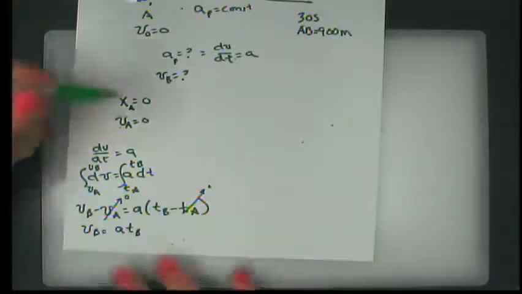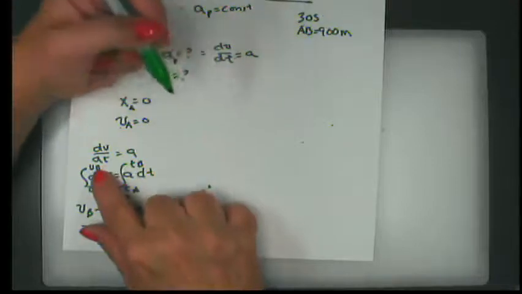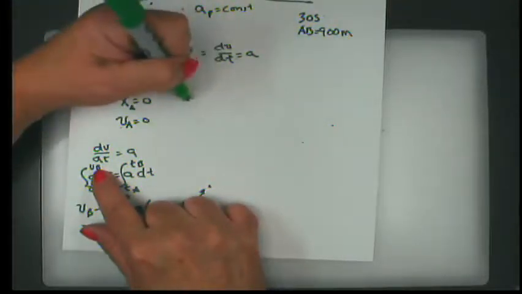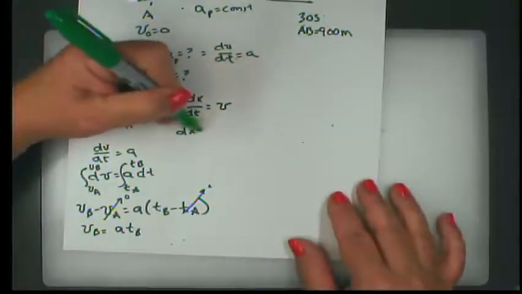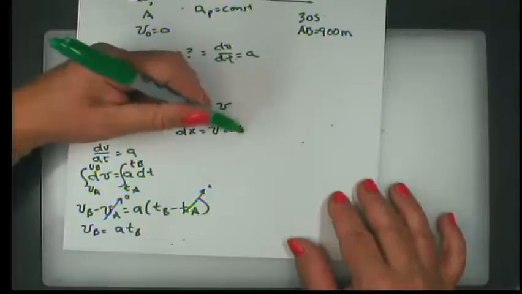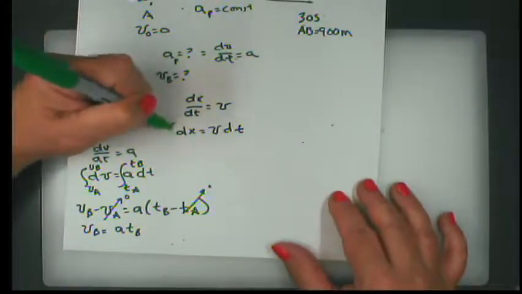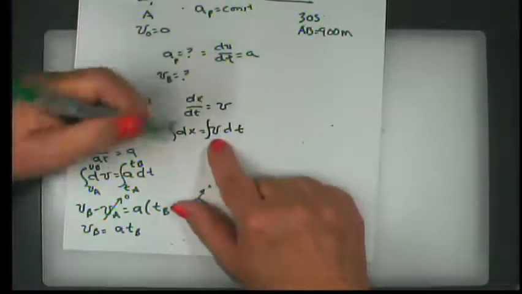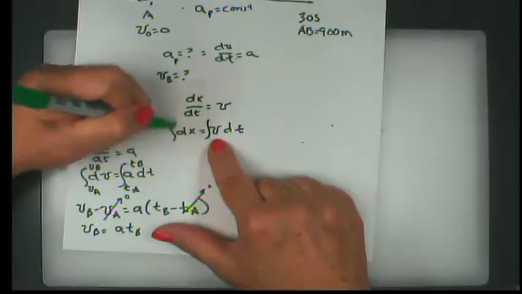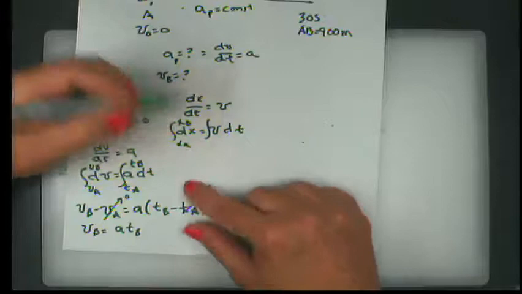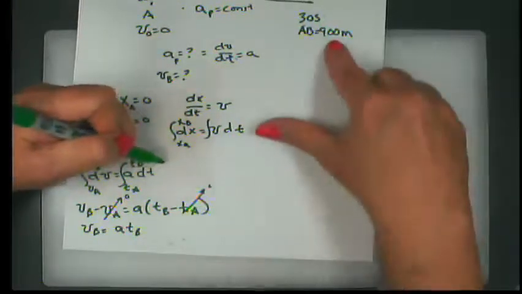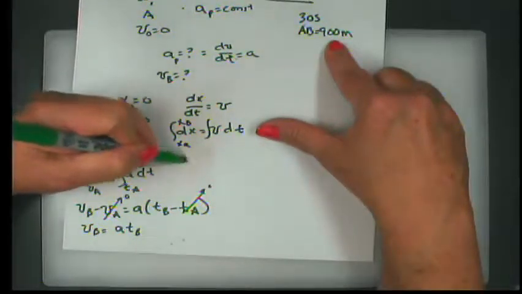So I can say then that dx/dt is equal to v. Separate that equation. And if I integrate, I can say between x at B and x at A, this is going to be 900 meters minus 0 meters.